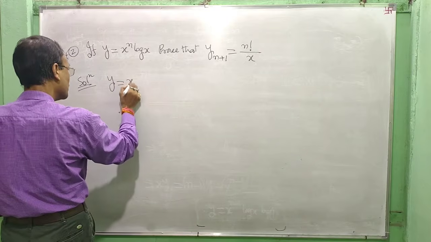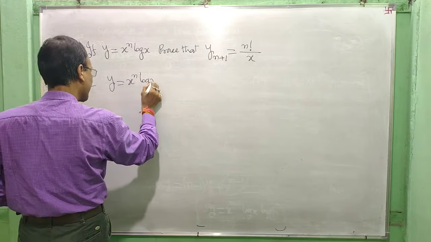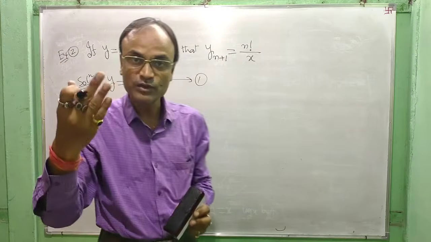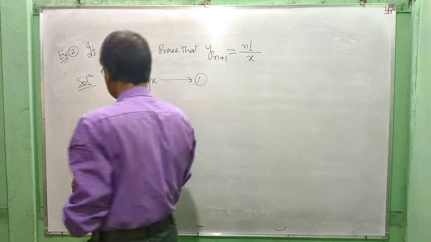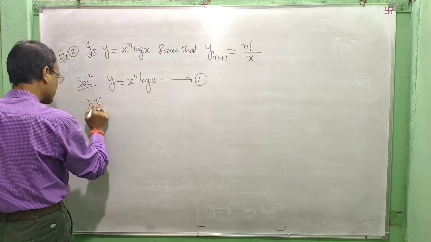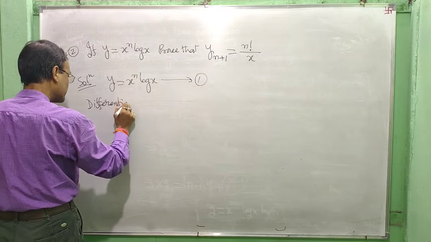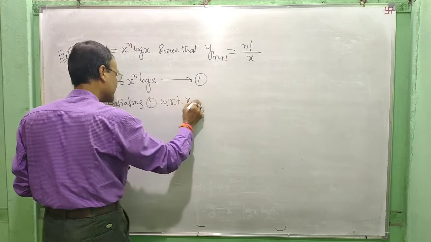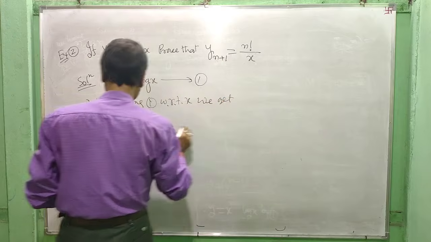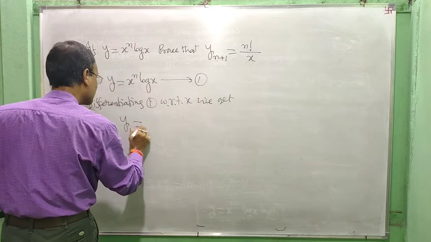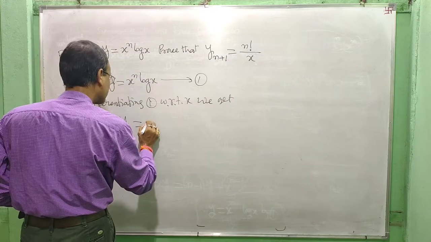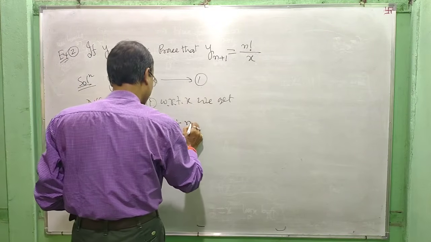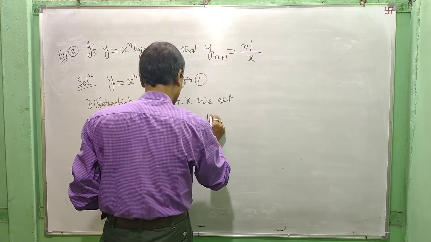y is equal to x to the power n log x. Call this number 1. Now differentiate 1 with respect to x. We get y_1 equal to x^n times 1 by x plus n x^(n minus 1) log x.